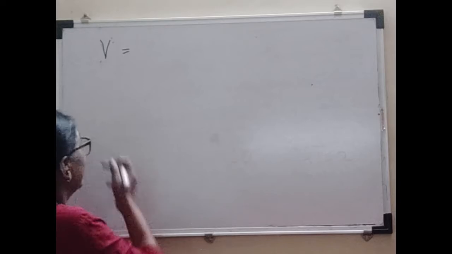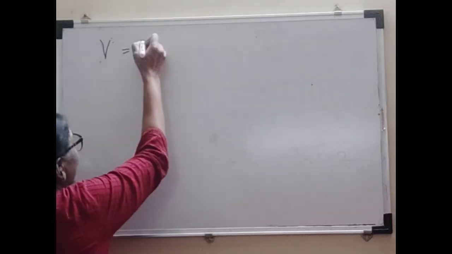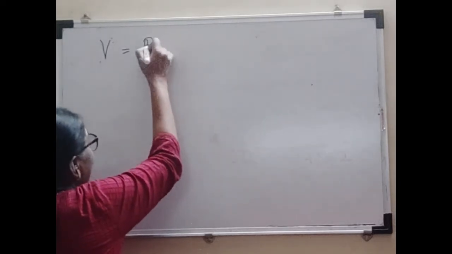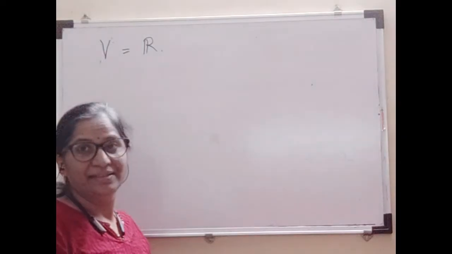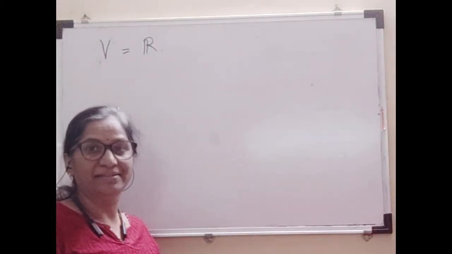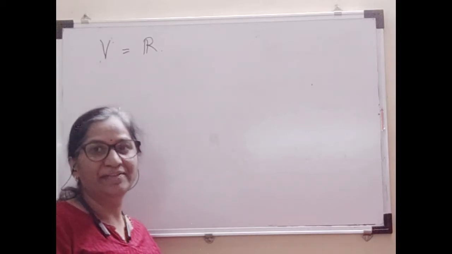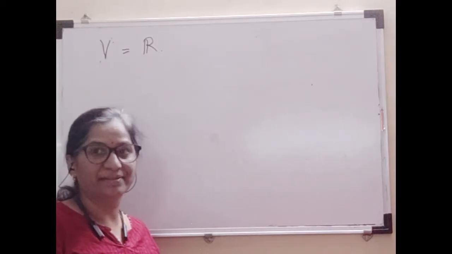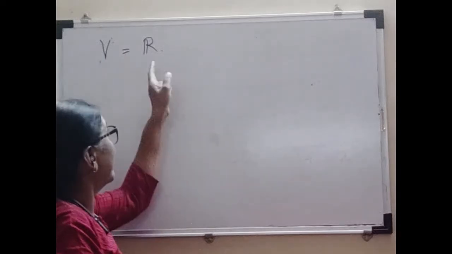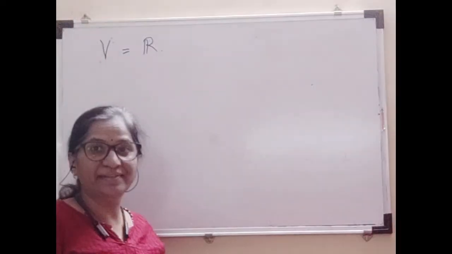So any example? Yes, V is equal to, can I define it as R? We know that R is a field, and this field is also called the set of scalars. So can it be a set of vectors?